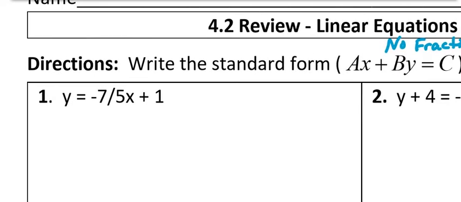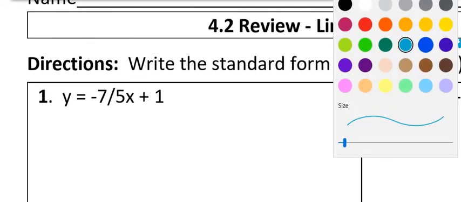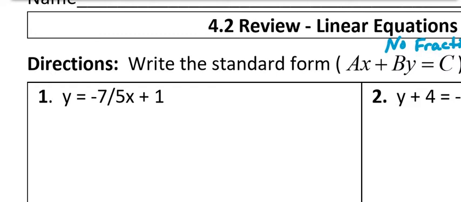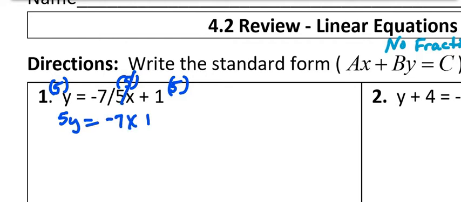So the first thing that we're going to do when we're looking at this one is to get rid of the fractions. So I see I have a negative 7 over 5, so I'm going to multiply this by 5. So 5 times y is 5y equals 2, and this cancels out, and I have negative 7x plus 5. Now, what we're going to do is get the x and the y together on one side.